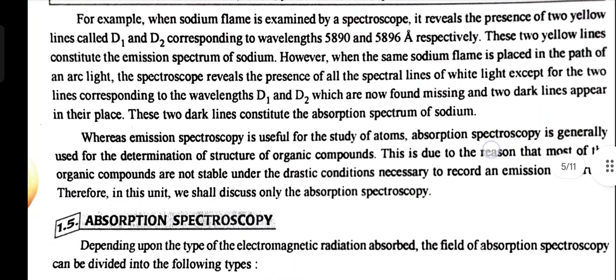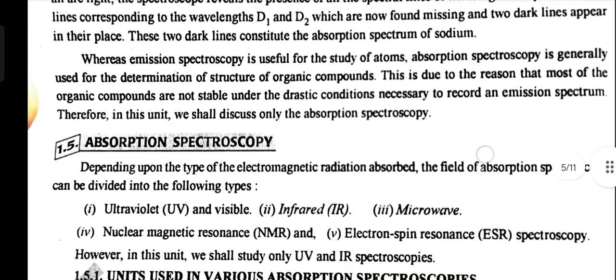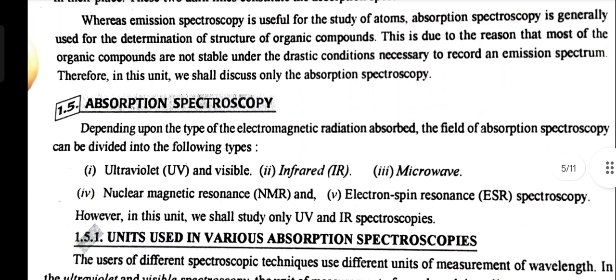Whereas emission spectroscopy is useful for the study of atoms, absorption spectroscopy is generally used for the determination of structure of organic compounds. This is due to the reason that most of the organic compounds are not stable under the drastic conditions necessary to record an emission spectrum. Therefore, in this unit, we shall discuss only absorption spectroscopy.